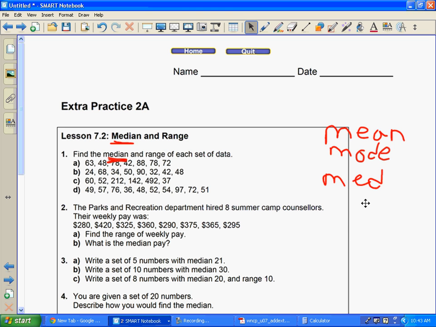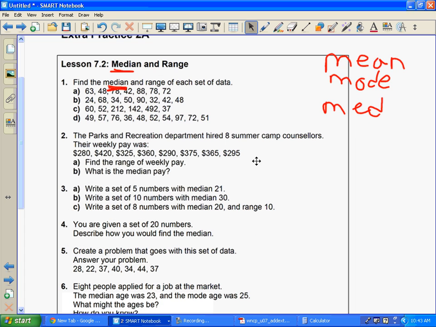Remember, if you end up with two numbers, you can't cross off both of them, you simply take the mean or the average of the two numbers. And then, of course, the range is when you take the highest and take away the lowest, and you're basically seeing how much it went up from lowest to highest. Kind of like if it's 0 degrees today and 10 degrees tomorrow, the range is from 0 to 10, which is a 10-degree jump.